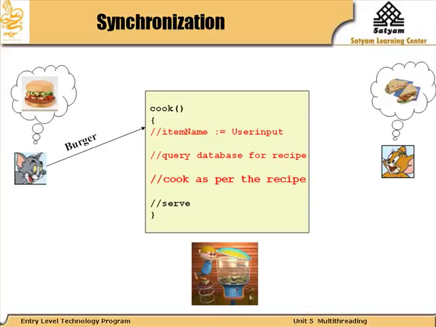Now comes Mr. Jerry, who wants to eat a sandwich. Jerry orders a sandwich from Mr. Cook, and Mr. Cook receives the order. He gets the recipe to create a sandwich from the database.